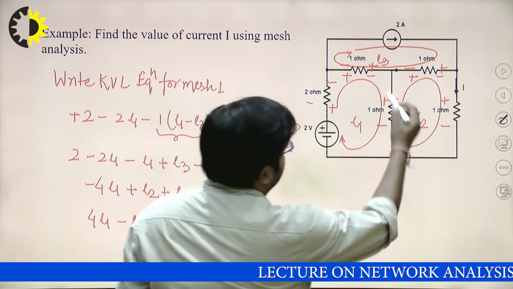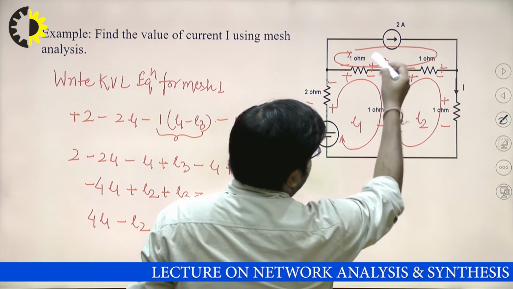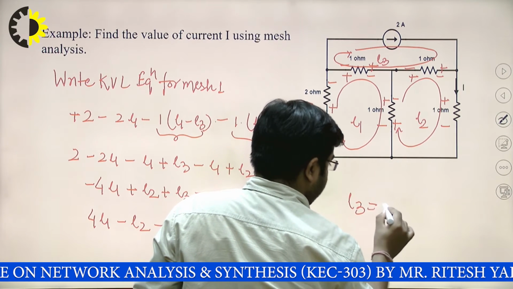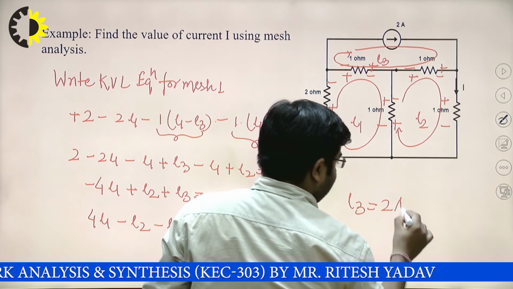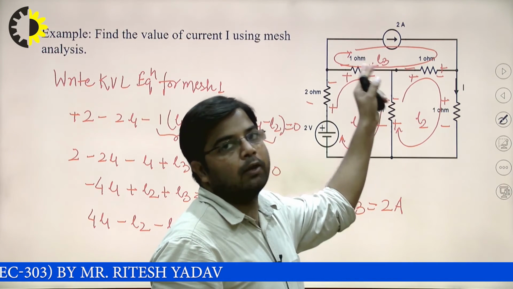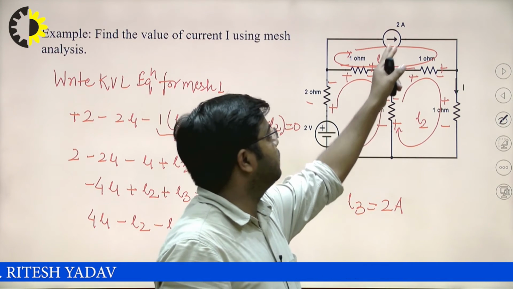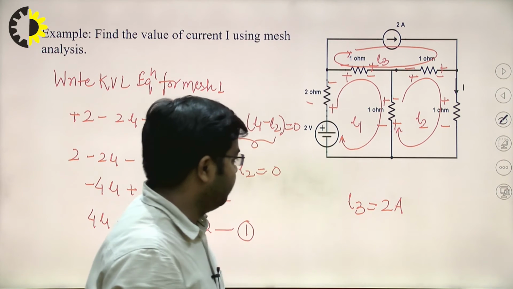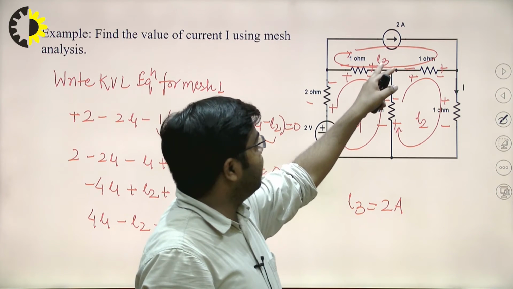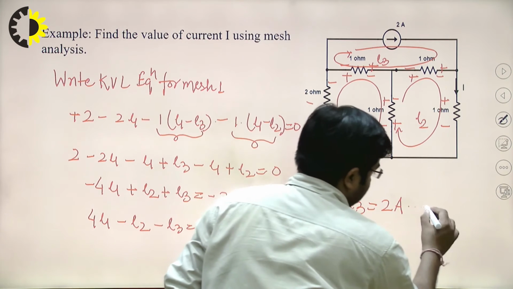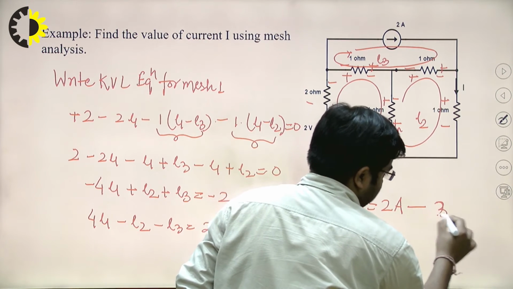Now just see here, this I3 current is nothing but 2 ampere, because in this loop you cannot apply the KVL, since the voltage drop across the 2 ohm resistance is not known. But this I3 current is 2 ampere. So you can write I3 equals 2; suppose this is equation number 2.